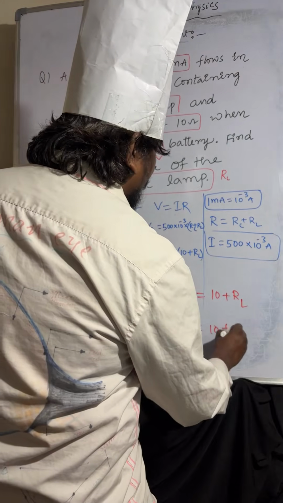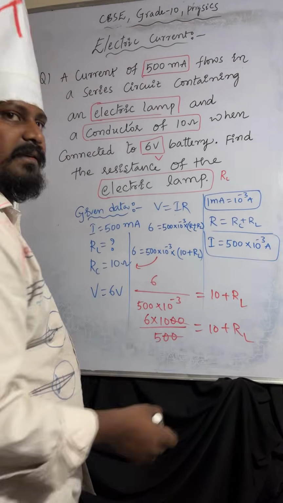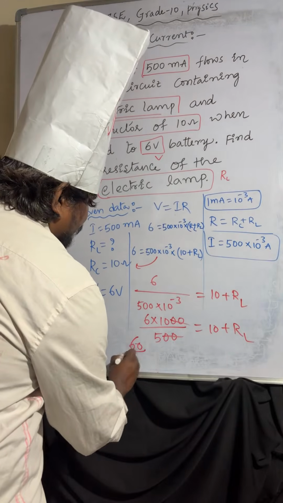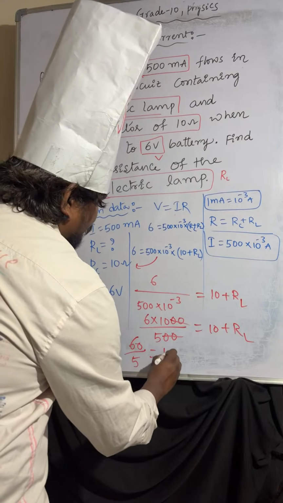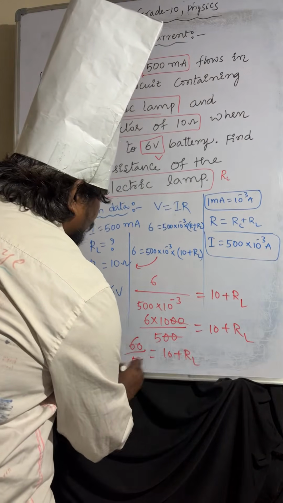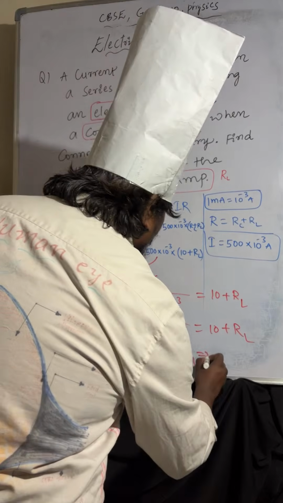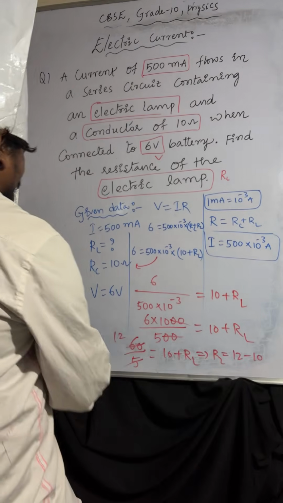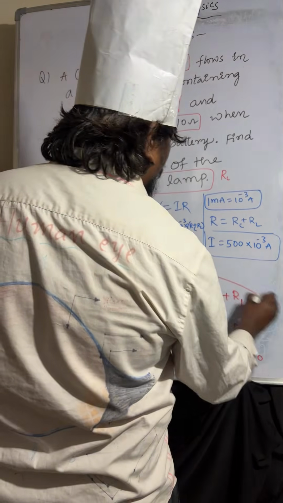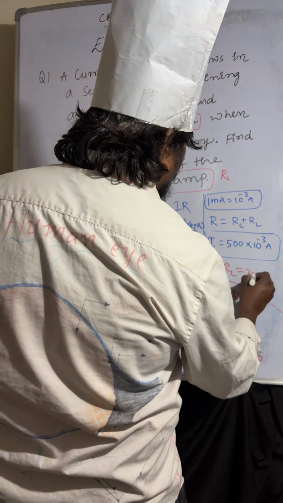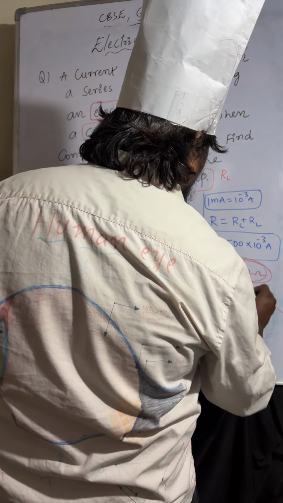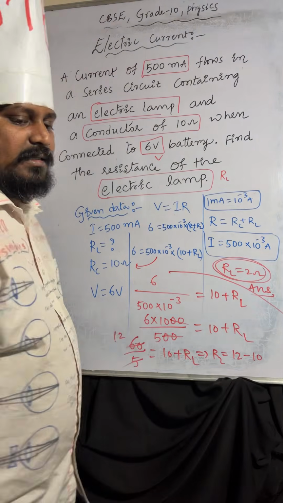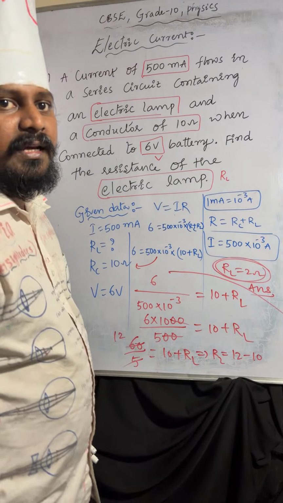Then 10 plus RL equals 60 by 5. 60 by 5, how much will you get? That is 12. So RL equal to 12 minus 10. Then you'll get RL equal to 2 ohm. Answer: RL equal to 2 ohm. That is the correct answer. Understood? I hope it is very clear. Check once.